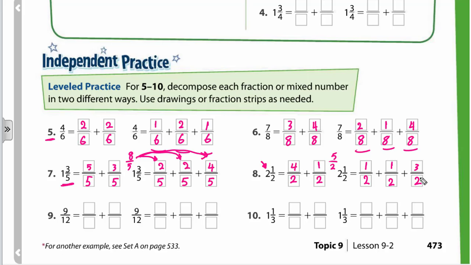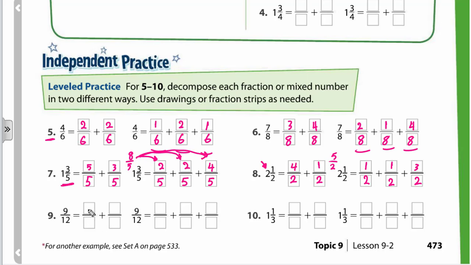Okay, Ahmed. Yes, go ahead, Ahmed. 9/12. Decompose it into 2 fractions.